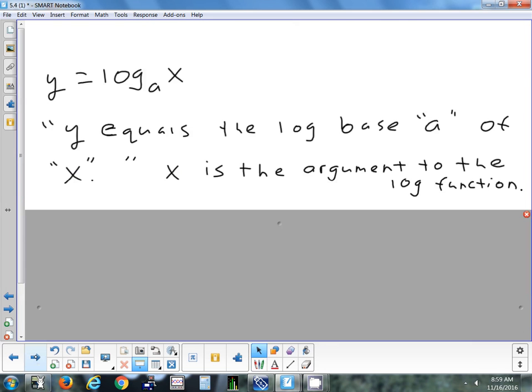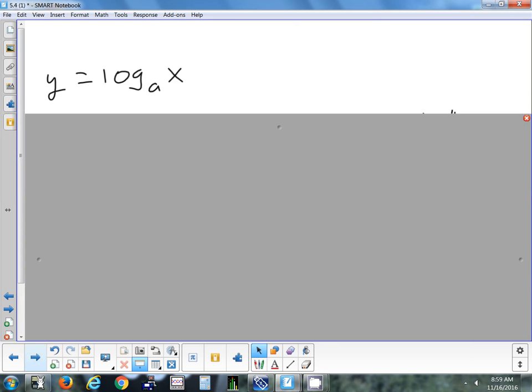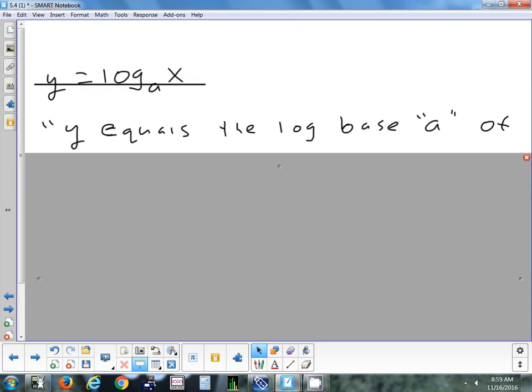All right. So when we write logarithms, okay, that's generally how you write it. And if you were writing this on lined paper, it would look something like that. y equals log base a of x. That's how you pronounce it.